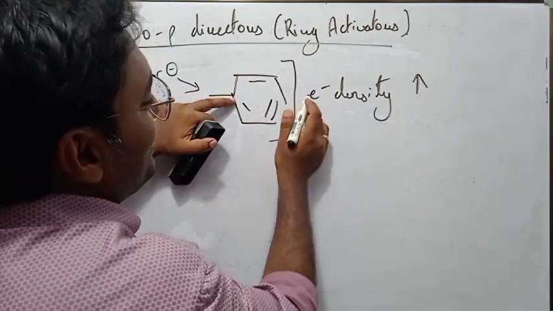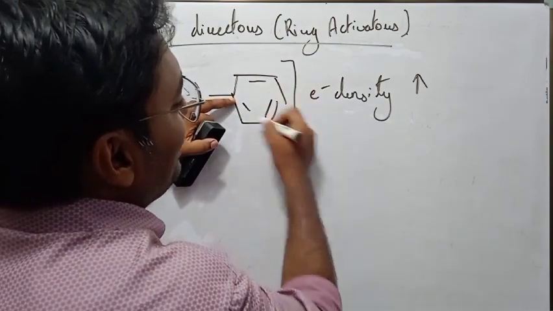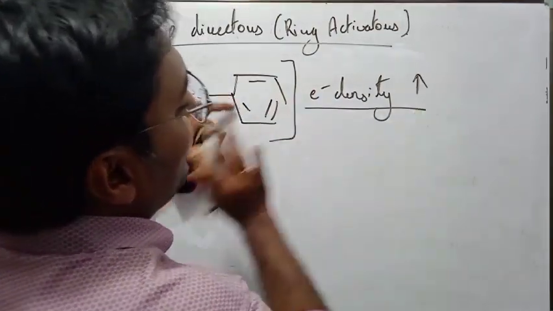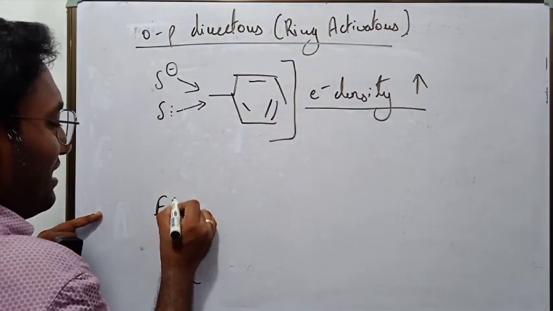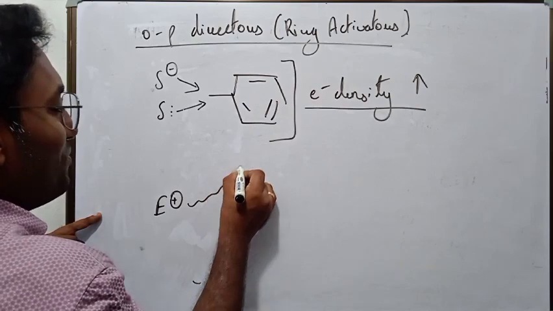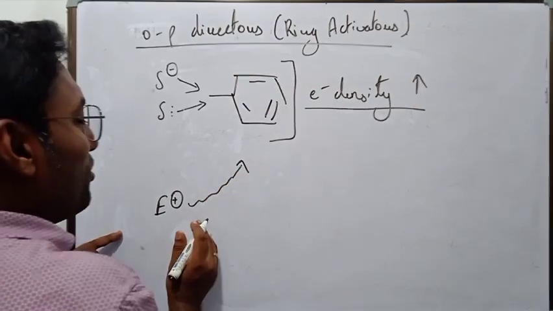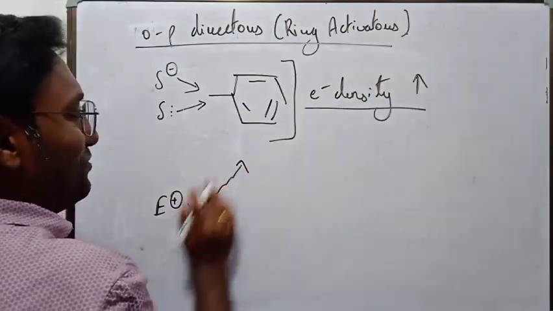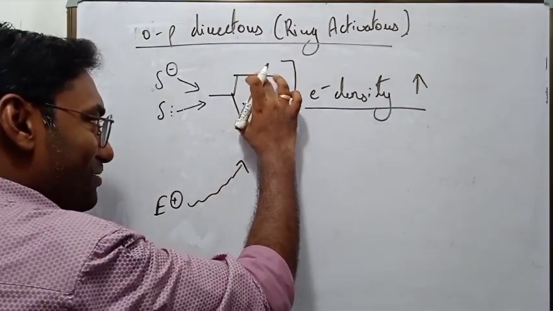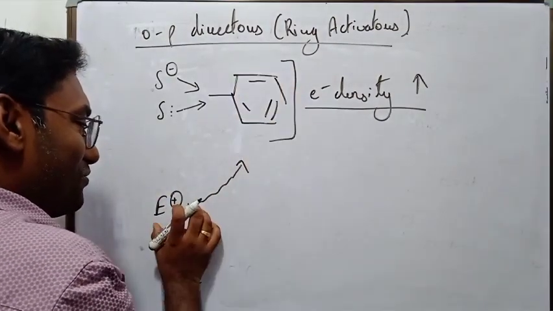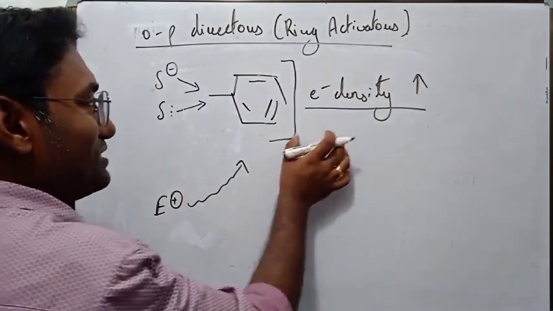So ultimately the electron density of the benzene ring will increase, and that would make the ring more reactive to electrophilic aromatic substitution, because now the electron density has increased.